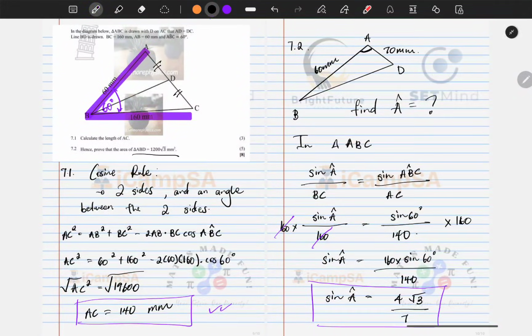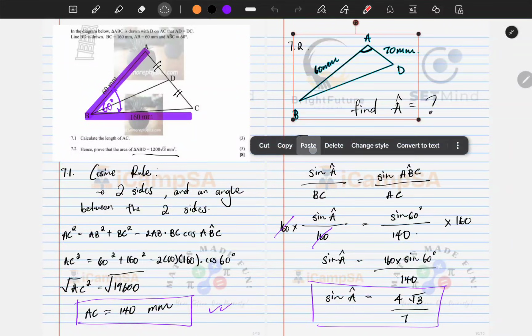Because if you want to find the area of this triangle, I'll write it on the other side.